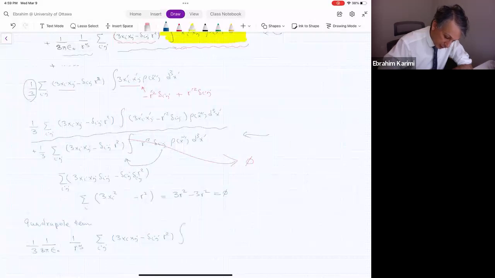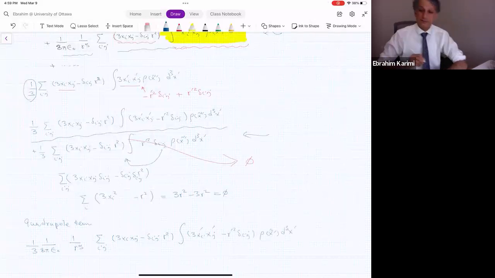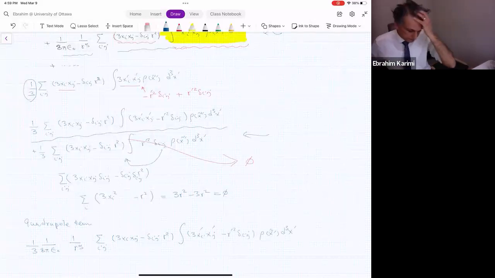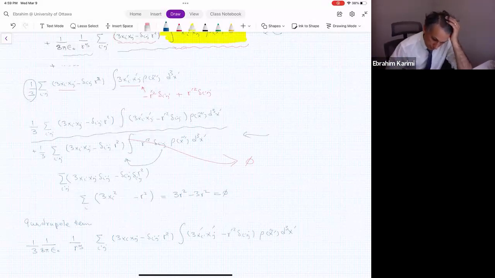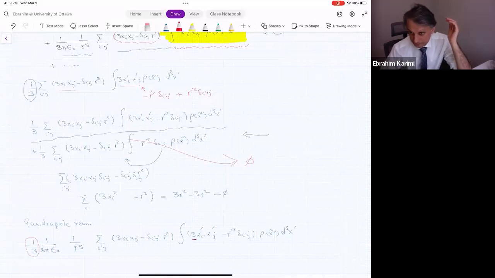And then I have the integral of 3 xi' xj' minus r' power of 2 delta of ij rho of x' d3x'. Remember, since I created this 3, the 1 divided by 3 is needed. Okay?